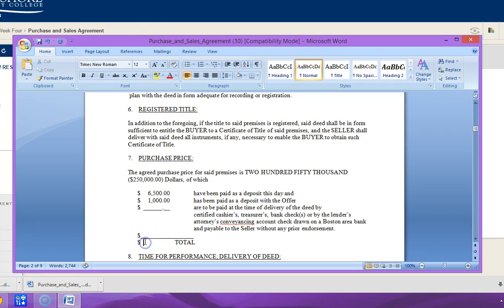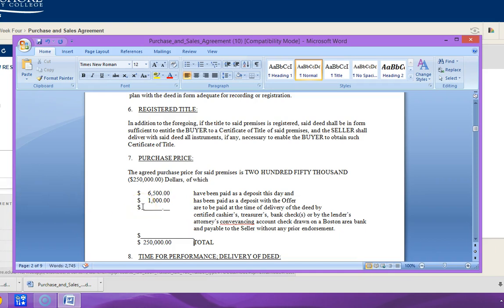And then the total is the $250,000, which is the full purchase price of the property. And then the difference between $250,000 and $7,500 is what appears on this line right here.